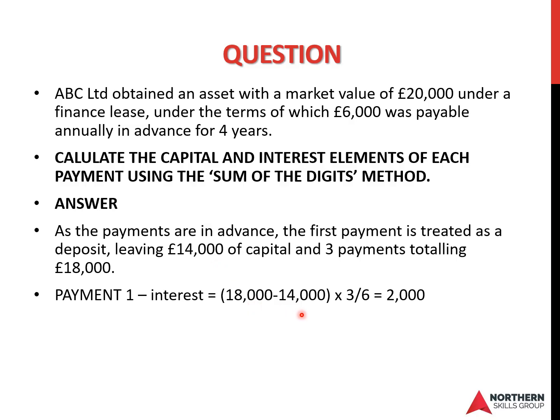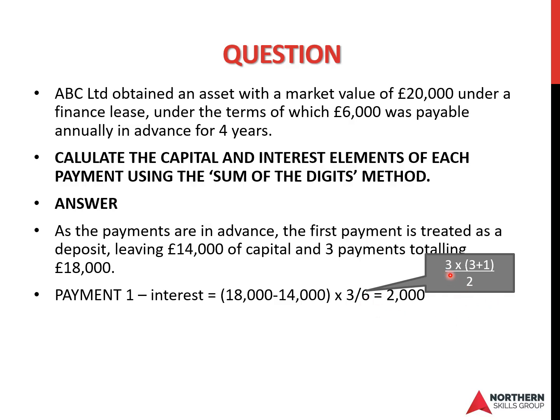So the total interest is £4,000, and on the first payment we multiply that total by 3/6. Remember, that's the number of instalments that are outstanding at that point, which is 3, divided by the sum of the digits, and that can be calculated using this formula here.